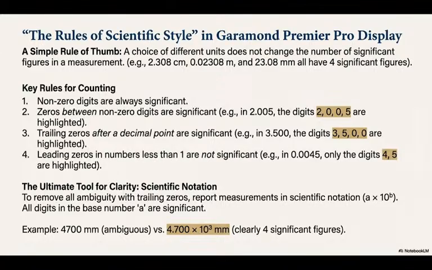Therefore, there are four significant figures. So if we write the number in scientific notation, we will get the significant figures, right? In this way, you can write all the numbers. Now we'll go to another section.